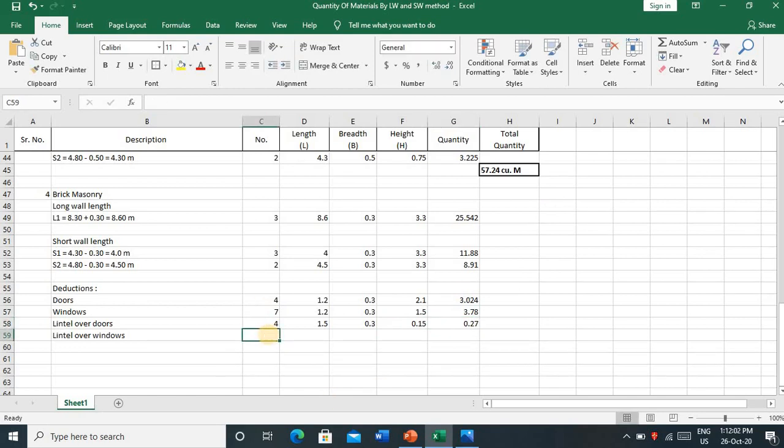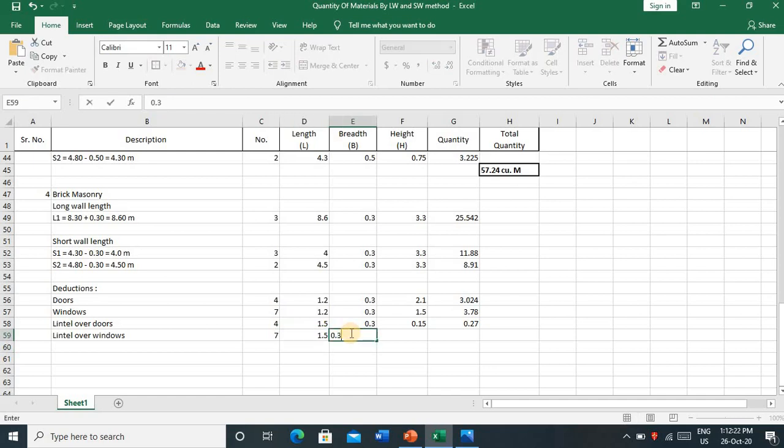Lintel over windows will be 7. Length will be again the length of the window plus some projection, that is 1.2 plus 0.15 plus 0.15, 1.50 written here.